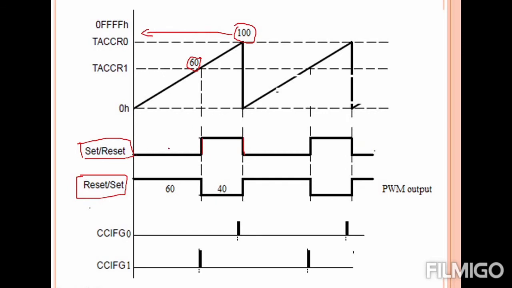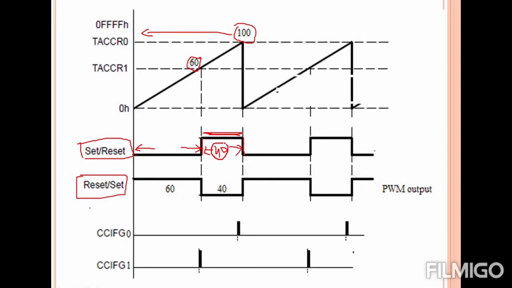See, in set/reset mode, the signal is in reset state for 60% of the time and it is in set state for 40% of the time. What is duty cycle? Duty cycle is the fraction of time the output is active. Here the output is active for 40% of the time.